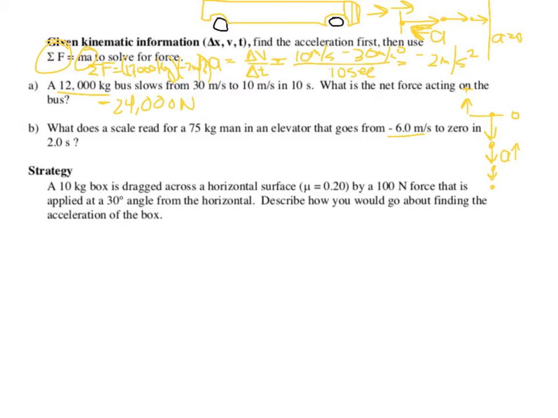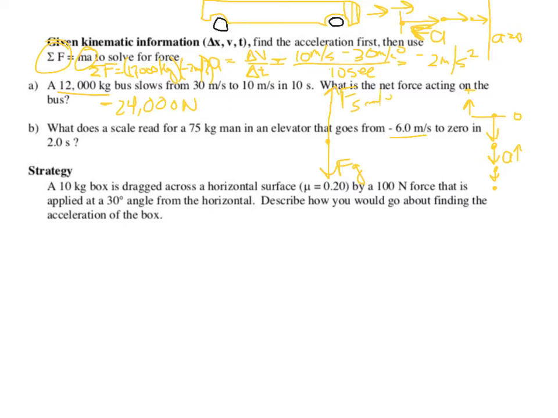Force diagram for the man. Why not? So force diagram for the man, we have force of gravity and force of the scale, because the man's standing on the scale. Now, why do I have the force of scale drawn so much bigger than the force of gravity?